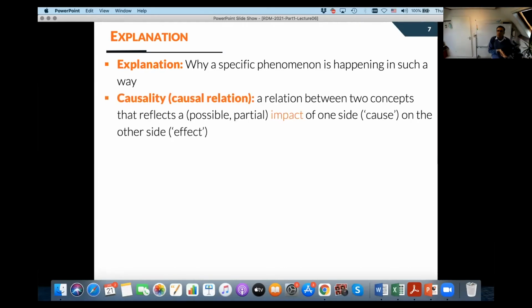And of course, when you think about explanations, by definition, you need to think about causality. Certain things impact certain other things. Causes, impacts, effects, causal relations.